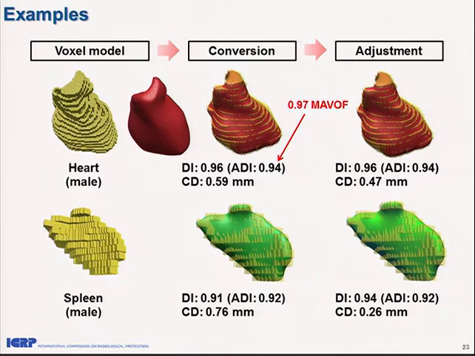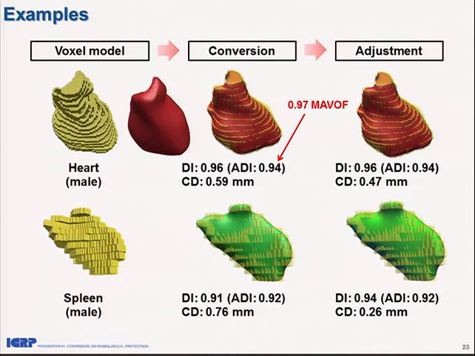Here are some examples of conversion and adjustment. This is the voxel model of the heart in the ICRP 110 reference phantoms, and this is the polygon mesh model of the heart, which is produced from the voxel model. Then we compare these two models, monitoring the Dice index and centroid distance.